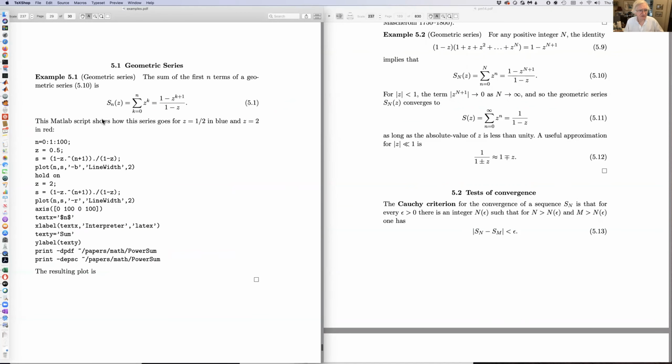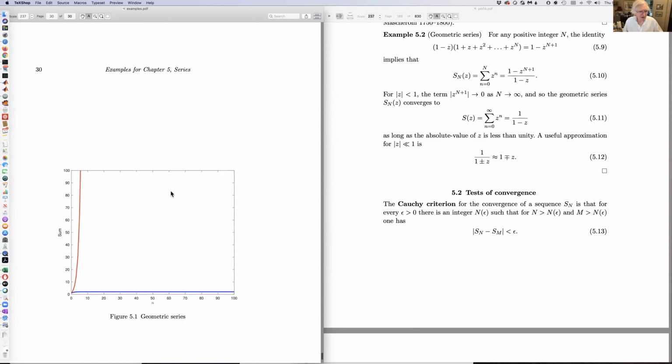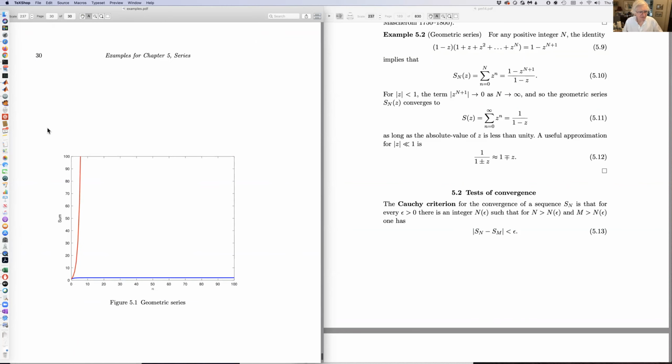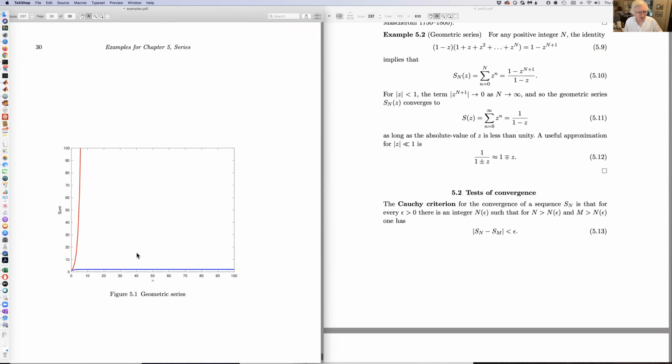And in fact, the value for n equal to 100 is essentially 2 to the 100th power, and that's a huge number. This graph, I just stopped at 100 so that the convergent series would be valid.